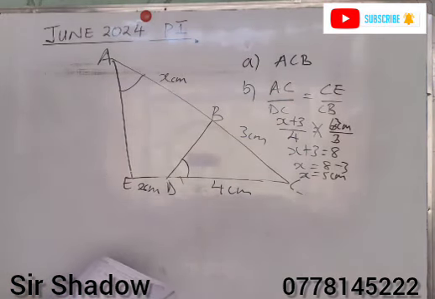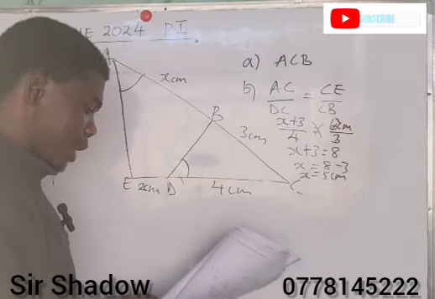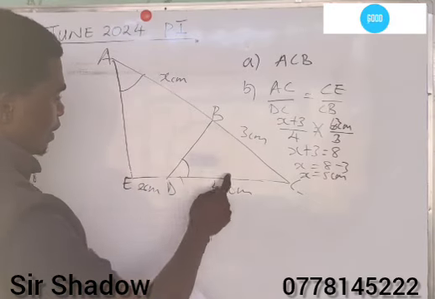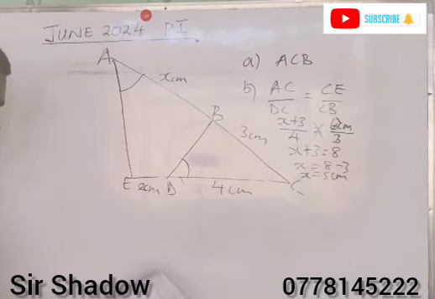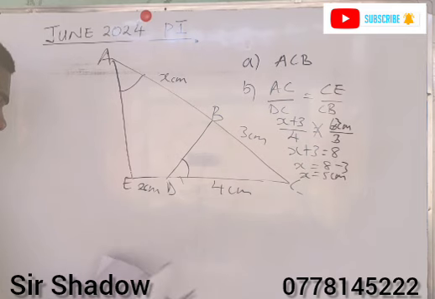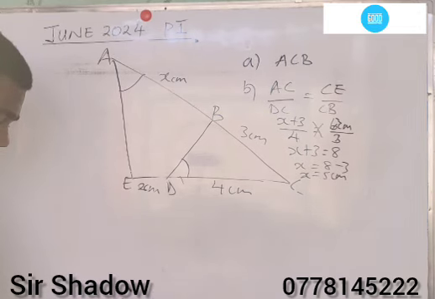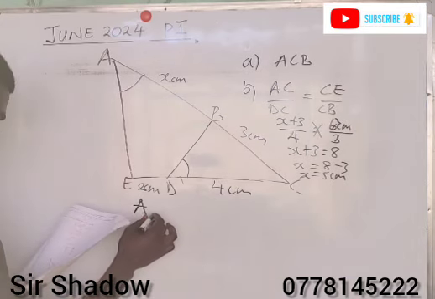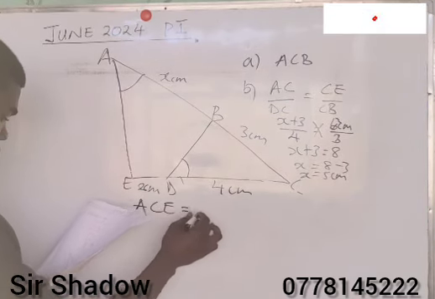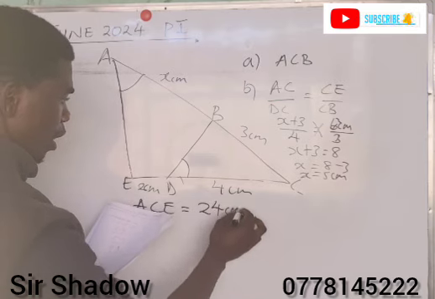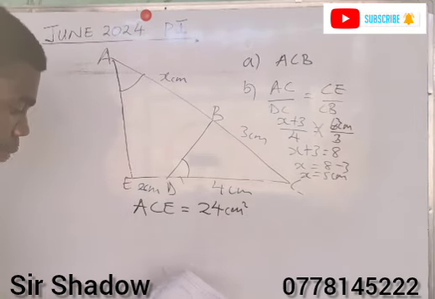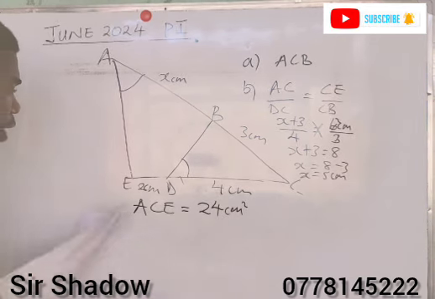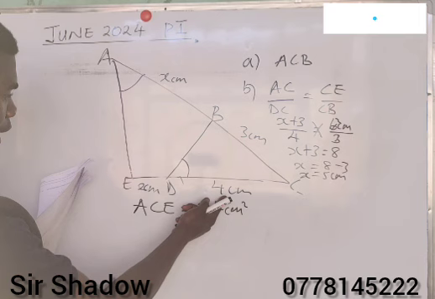Since x is equal to 5 centimeters, we are asked to find the area of the quadrilateral ABDE. Already we have the area of triangle ACE, which is 24 square centimeters.